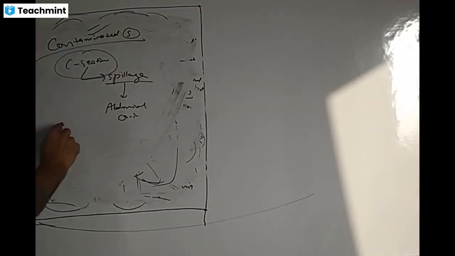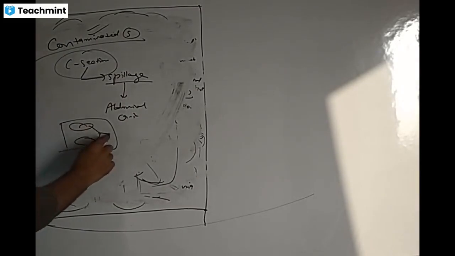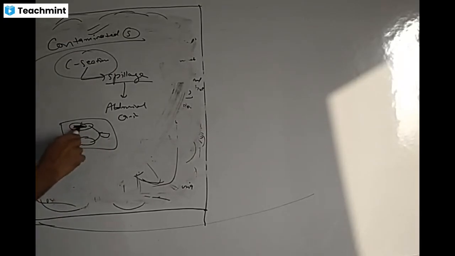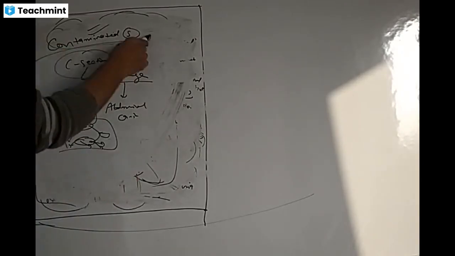Why? Because this is the part where the uterine horns are out and somehow a uterine horn gets ruptured and your drape conditions are not good and the content goes into the abdominal cavity. Then this clean contaminated C-section becomes contaminated.